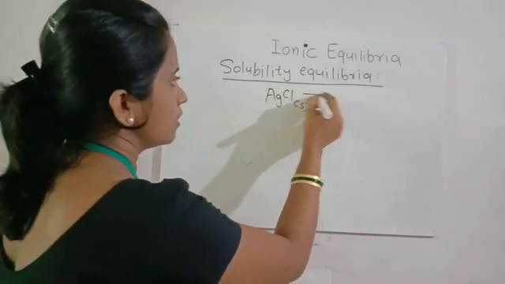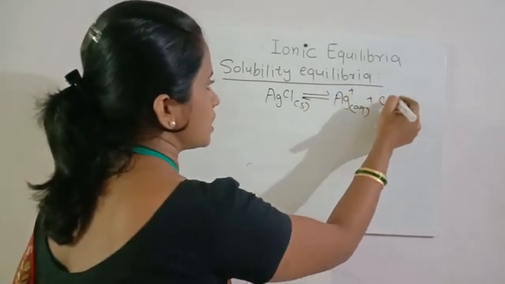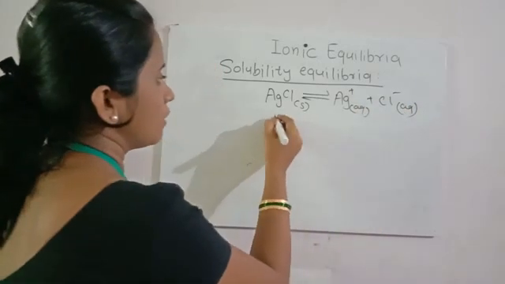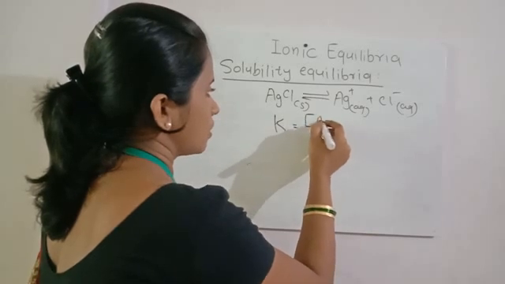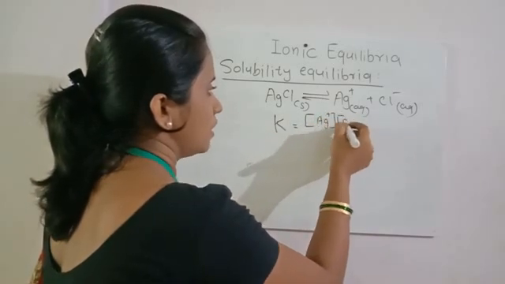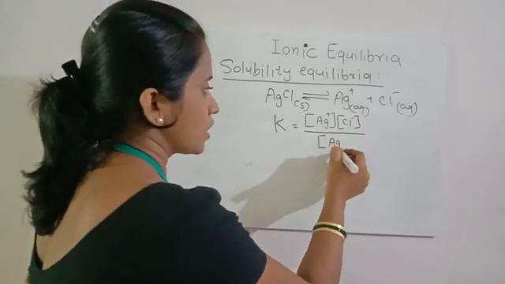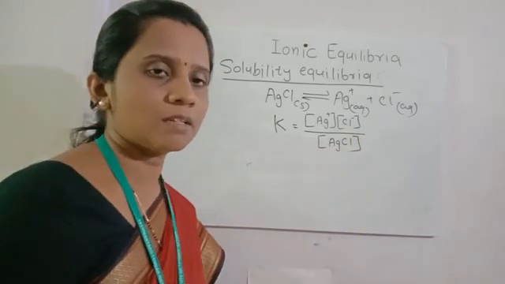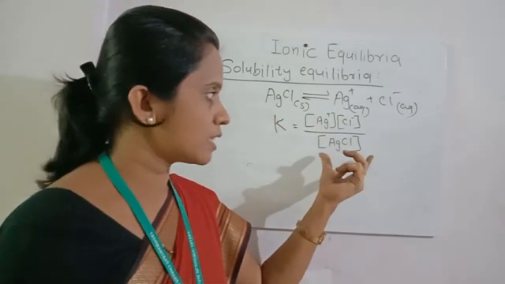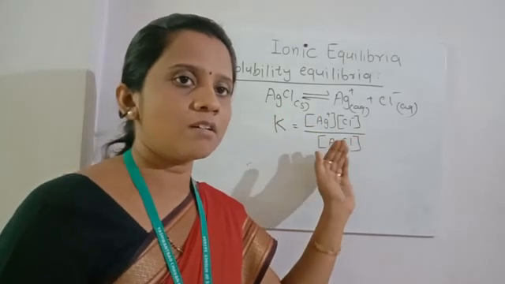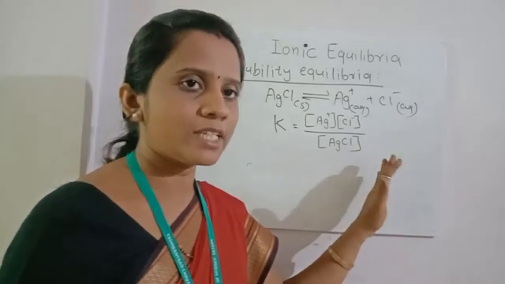AgCl solid will give Ag plus and Cl minus. So the equilibrium constant K is given by the equation: concentration of Ag plus into concentration of Cl minus divided by concentration of AgCl. Now AgCl is in solid state, and this AgCl means what? It is the undissociated AgCl molecules or undissociated AgCl salt.